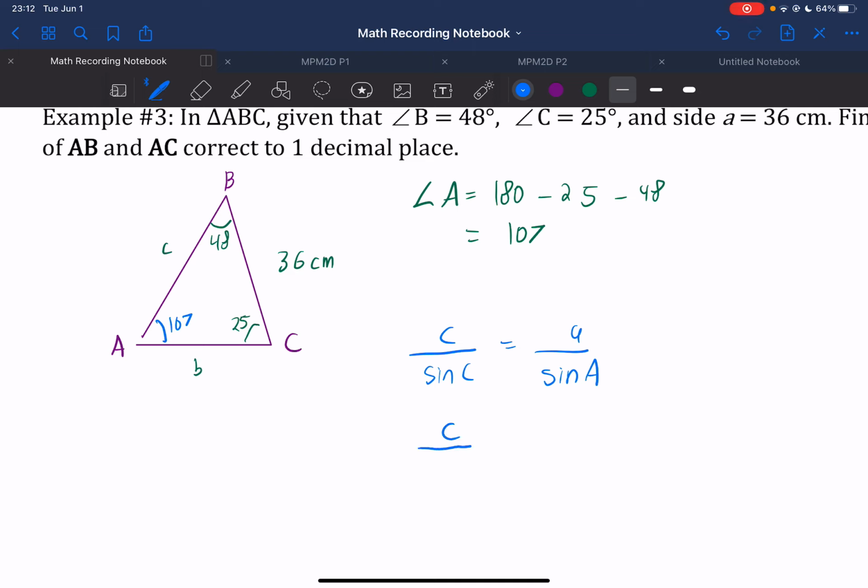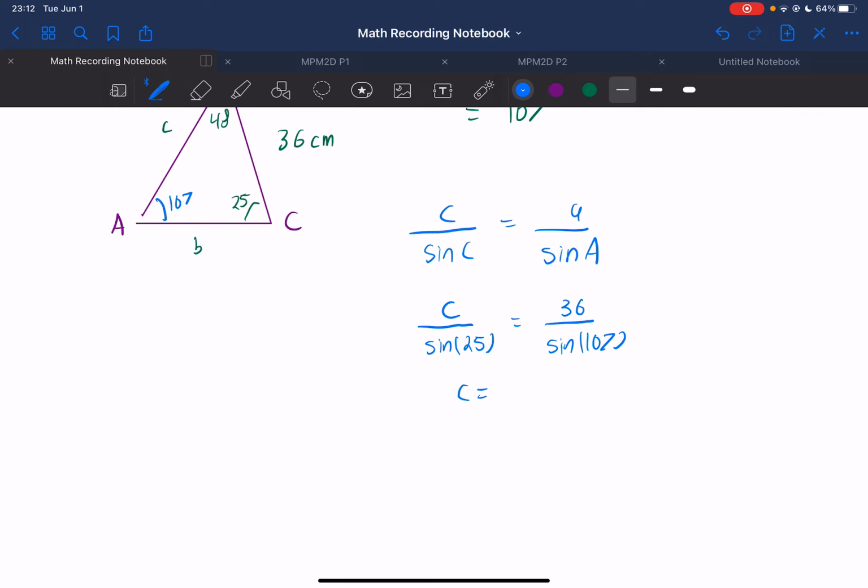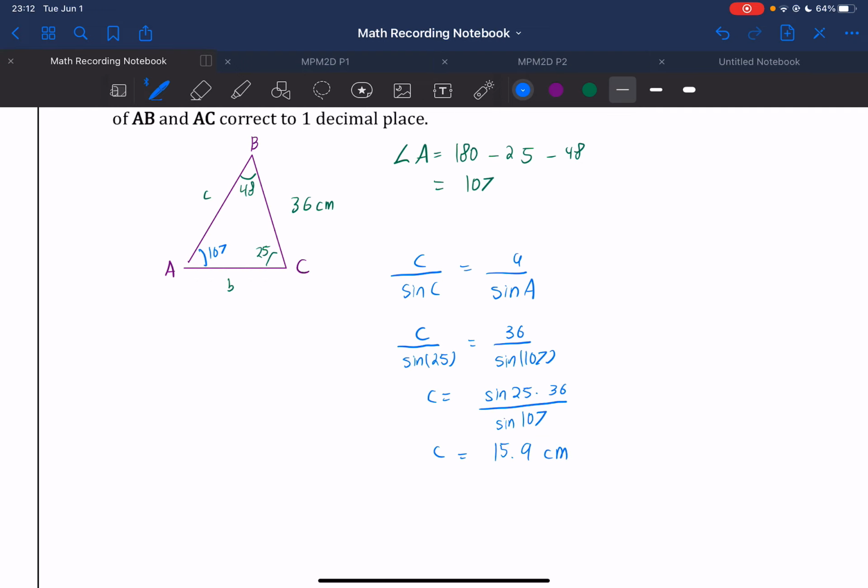We don't know what C is, but we do know sine 25, and 36 over sine 107. We're going to rearrange to isolate for C. So C is going to equal sine 25 times 36, all over sine 107. When we put that in our calculator, we're going to get 15.9 centimeters. Okay, so we found C.